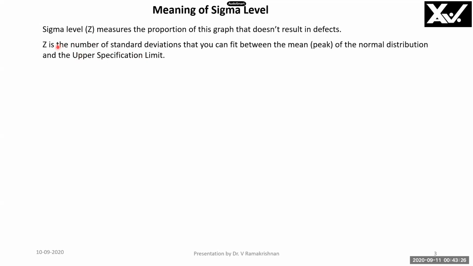So you know what is Z? It is the number of standard deviations between the average and the USL, that is upper specification limit. You can see it in the graph also, visualize. Upper specification limit, who fixes it? The customer. Upper specification limit is the maximum reading that the customer will allow.